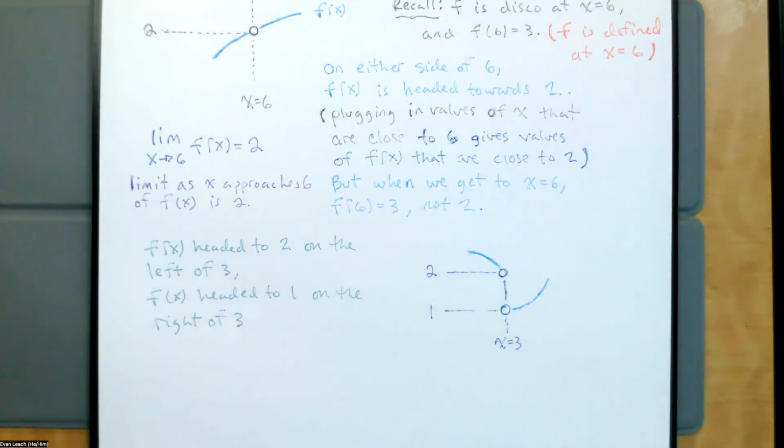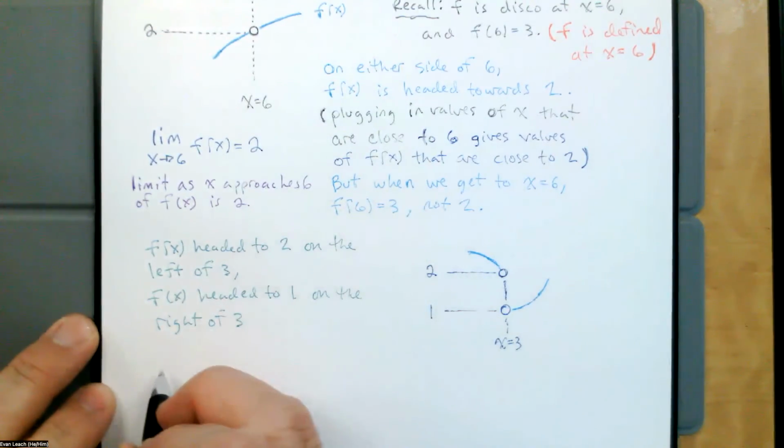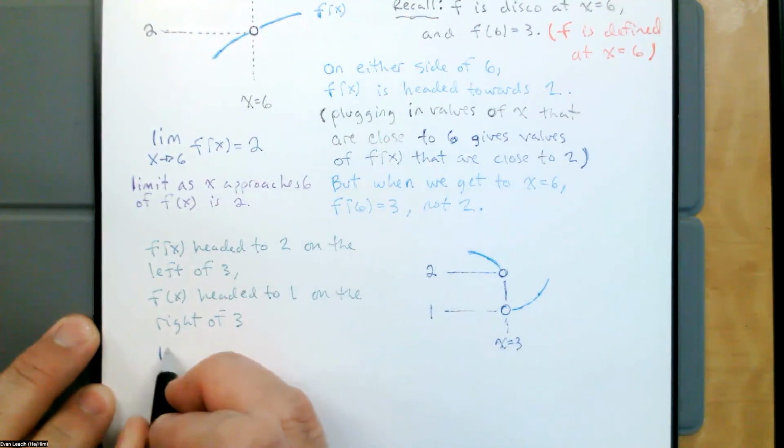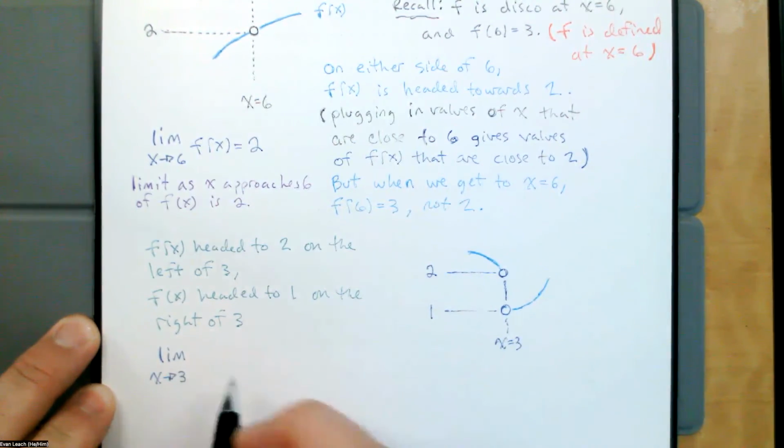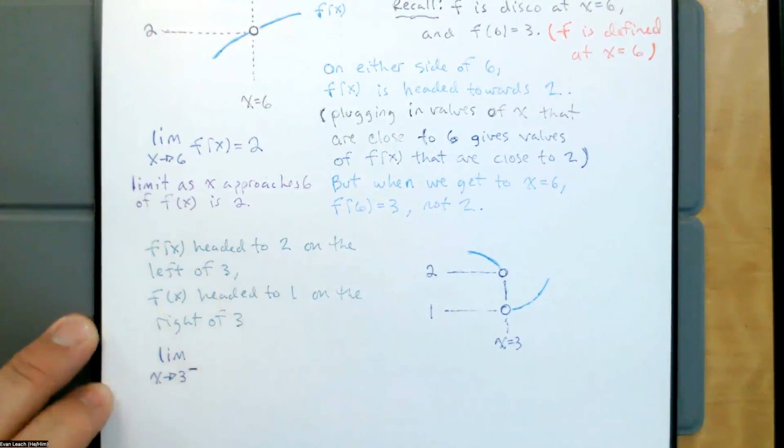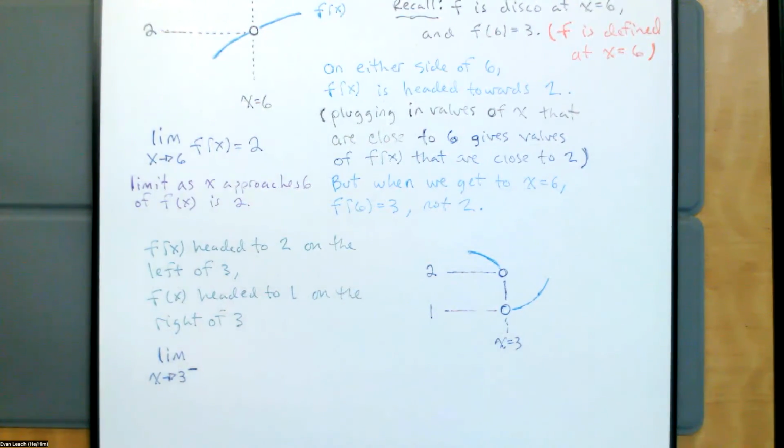In the case of x equals 3, the limit as x approaches 3 from the left is 2, and the limit as x approaches 3 from the right is 1. So we would say that the limit as x approaches 3 from the left, we put a little minus sign as a superscript to indicate we're approaching from the left.